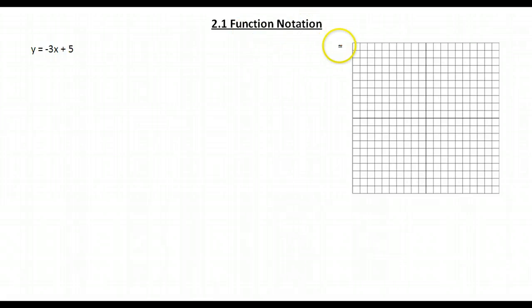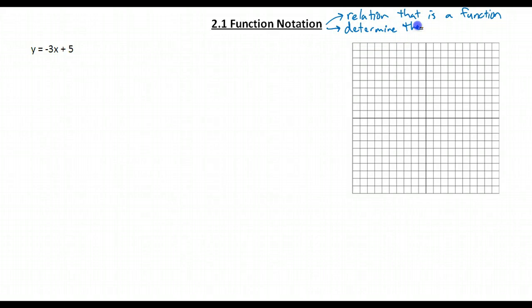In order to use function notation, we first have to have a relation that is a function. Once we've figured out that a relation is a function, to write it using function notation, we need to determine the rule for that relation.